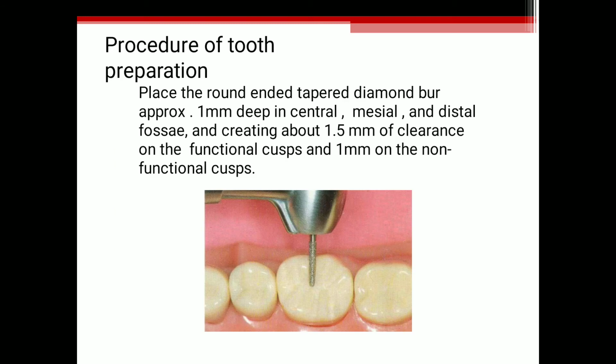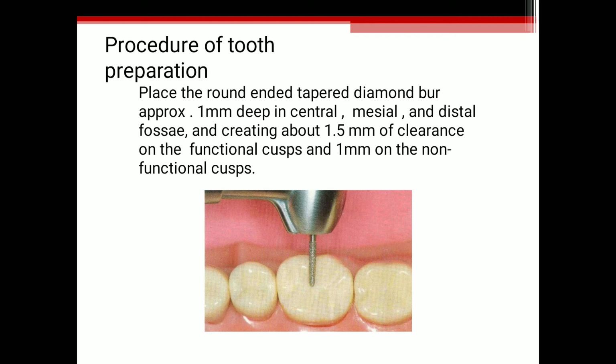Now the procedure of tooth preparation. First, you select the tooth which you want to prepare. That is very important, because if you want to prepare 3/6, you should keep in mind until you complete your preparation that you are preparing 3/6.